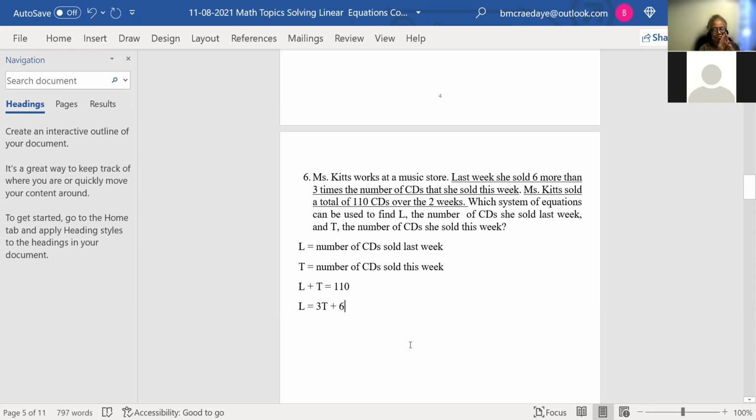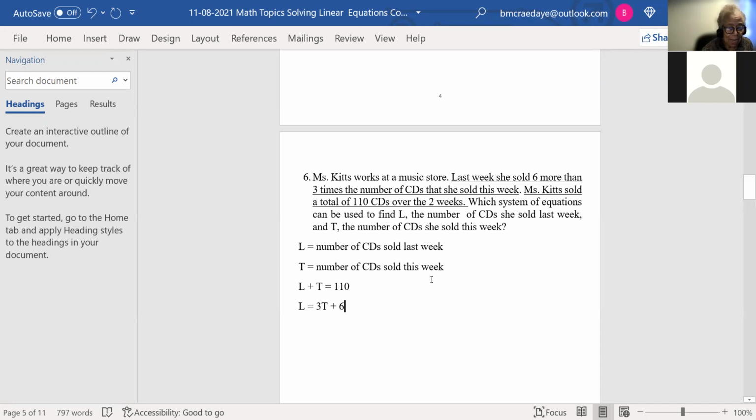And that's it. Questions, Maureen? Cool. It just says which system of equations. We didn't have to find how many CDs she sold. We just needed to set up the equations. So you're translating the words to the math. Got it?